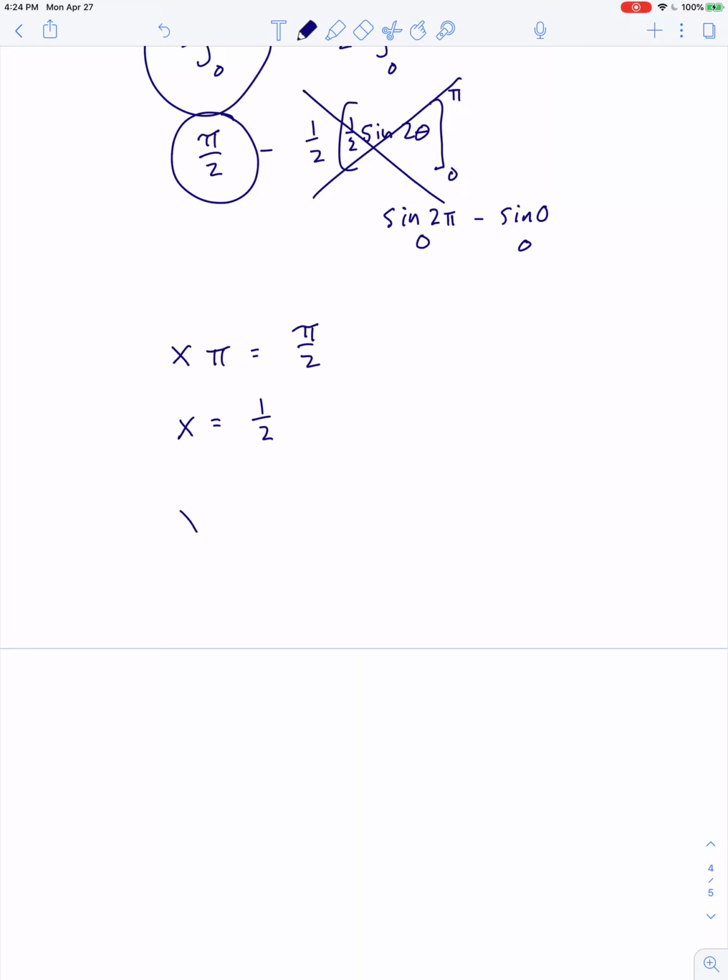So x RMS is equal to the square root of 1/2, which I believe is equal to 0.707.